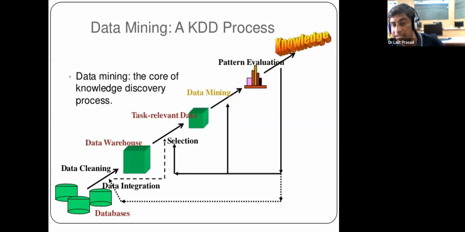And data mining means there are various tools and techniques you will use on this relevant data. Then you will find a pattern in your data set. Once you find a pattern, you will get the knowledge, and then you can take the appropriate decision. Our ultimate aim is to take the appropriate decision. That you have to understand. So that is the role of data mining.